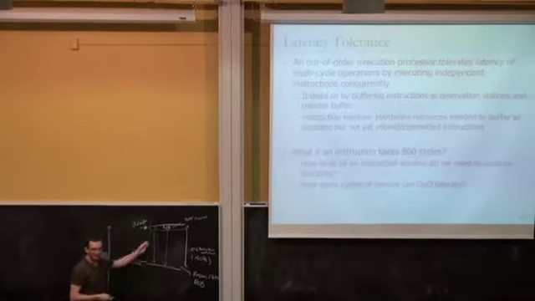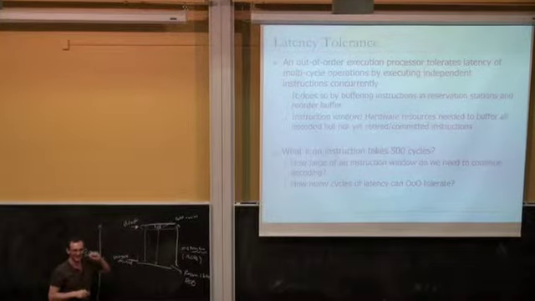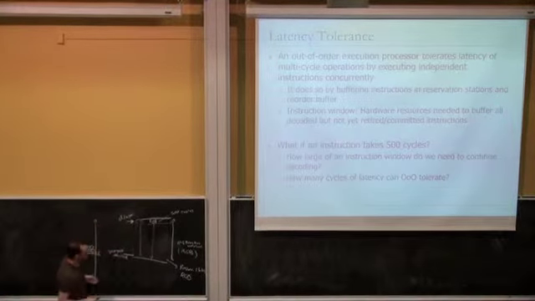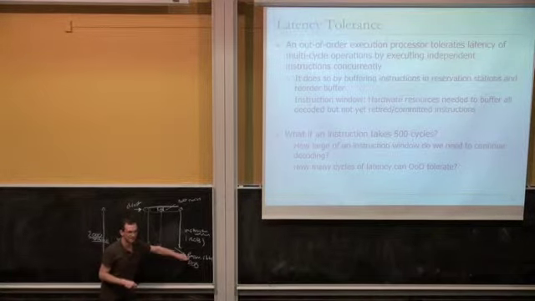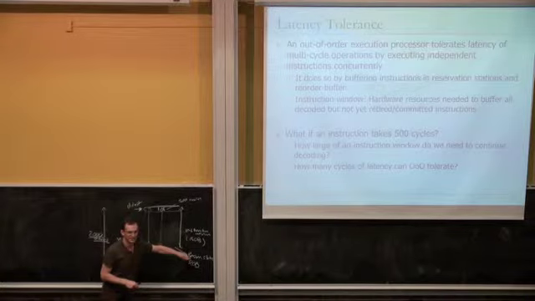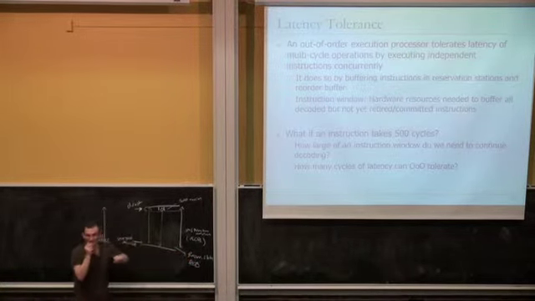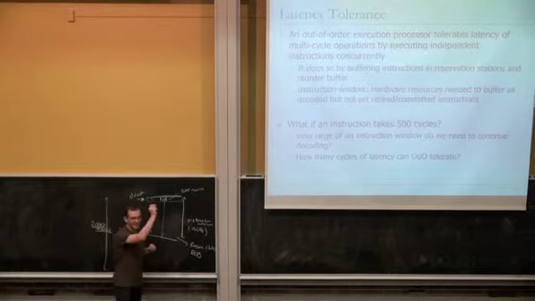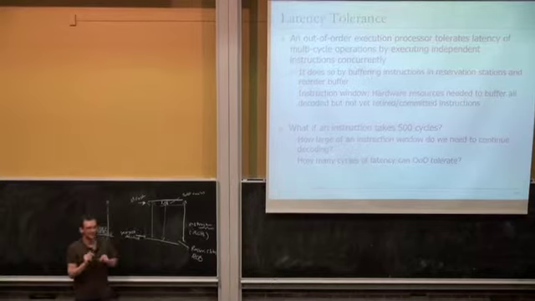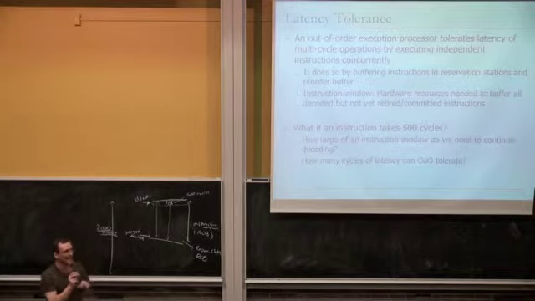Well, it's nice maybe if you can build this. So building this turns out to be very hard because remember the reservation stations? What do you need to do in the reservation stations? Say it again? Compare tags. Exactly, compare tags. When an instruction finishes execution, it broadcasts its tag, and all of the dependent instructions need to capture that tag.